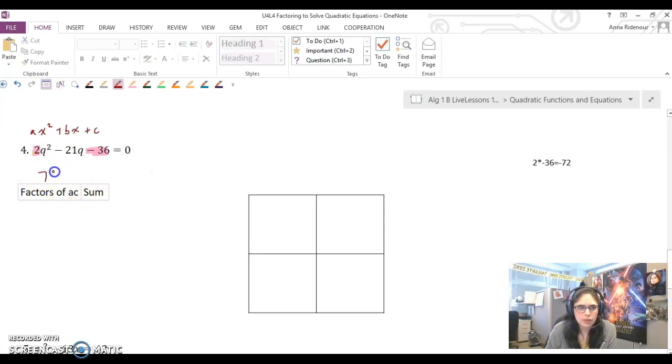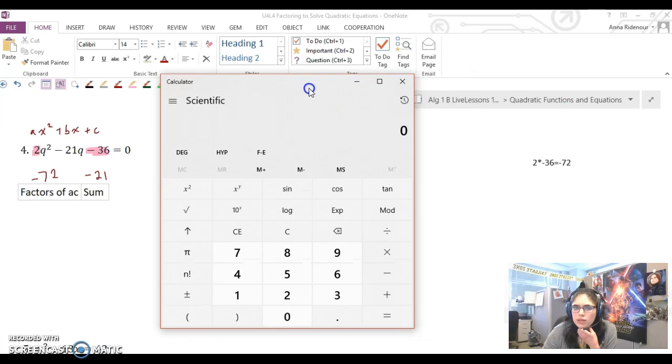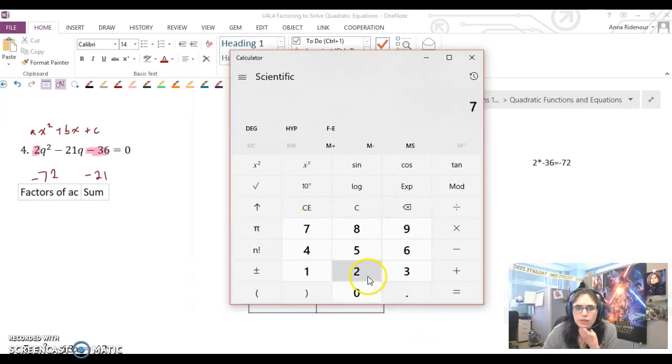Second guess myself. So, -72, so two numbers that multiply together to be -72 and add together to my b value, which is -21. I don't think there's a whole lot of factors of -72. I don't know this one off the top of my head. Okay, so 72 divided by 3. Yep, that'll be it.